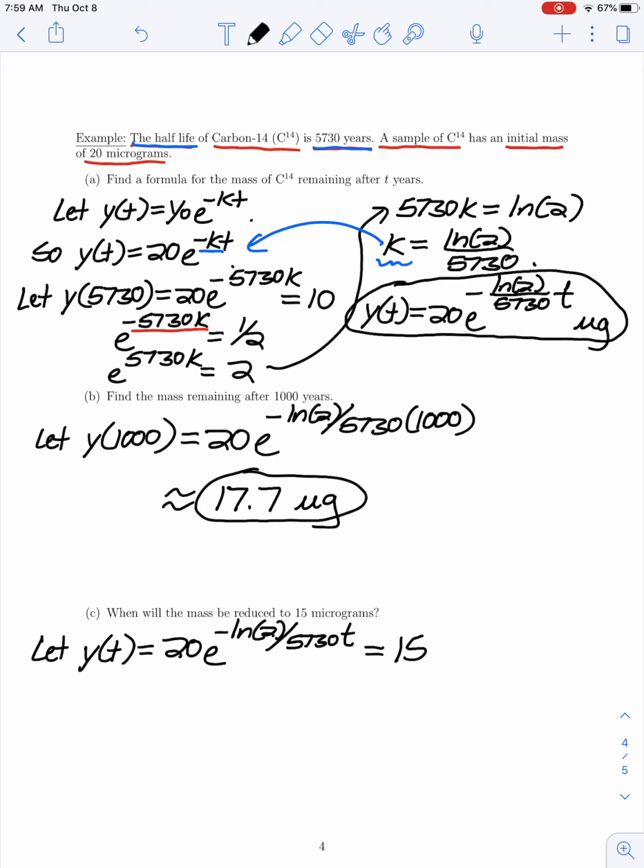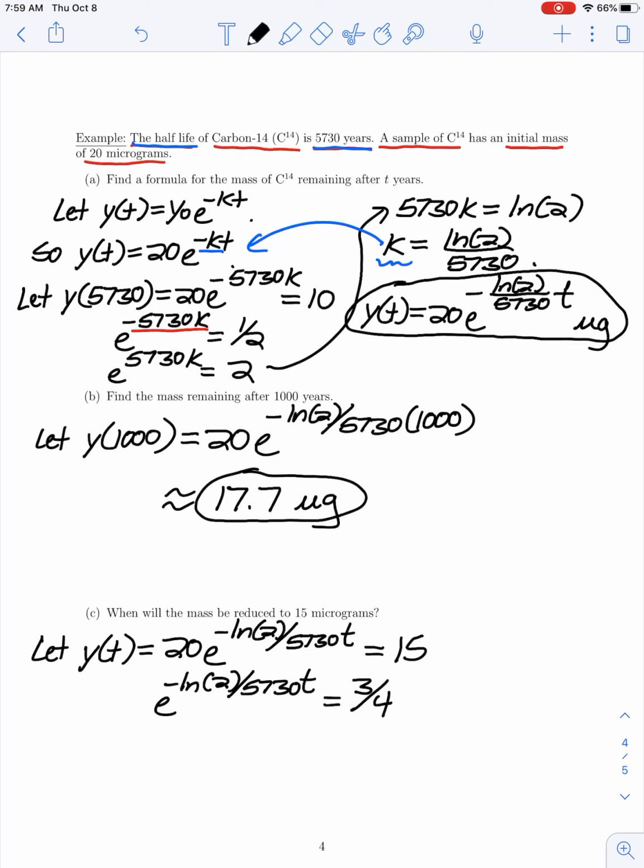And now we can solve for t. Dividing both sides of our equation through by 20, we would have e to the negative natural log of 2 over 5730 t is equal to 15 over 20, or 3/4.